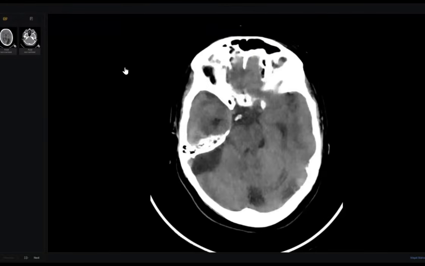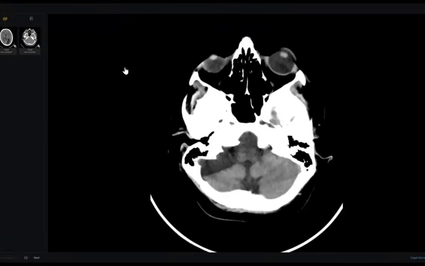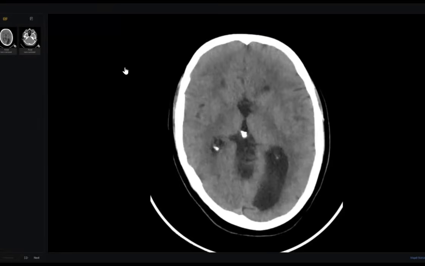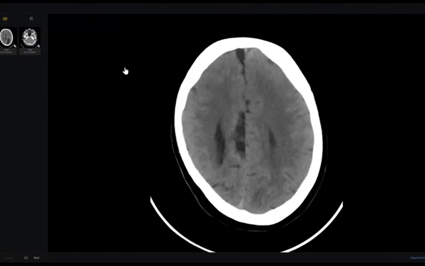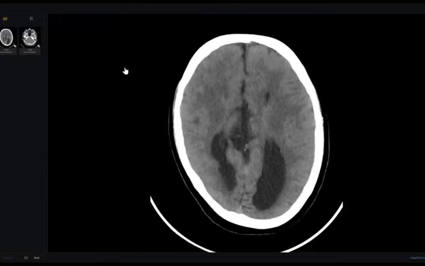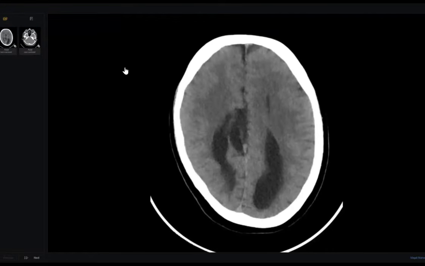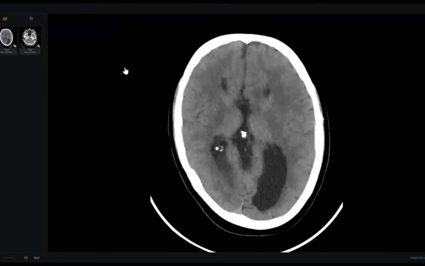Okay, I'm presented with a head CT without contrast. The most striking finding for me is, okay, I have multiple findings. I have the posterior horns of lateral ventricles, some sort of dilated, colpocephaly, I think it's called.